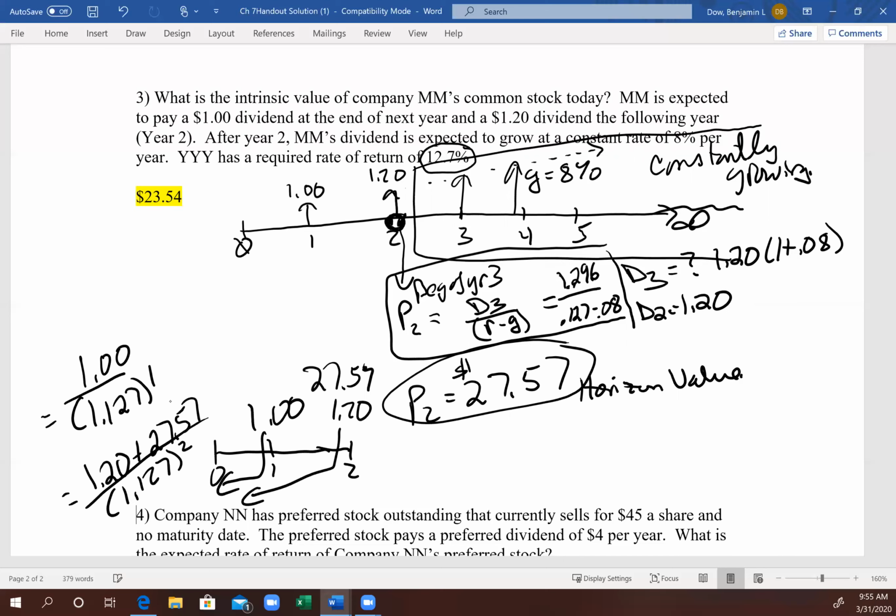All right, and if we take, this is 89 cents. This is 14.78.